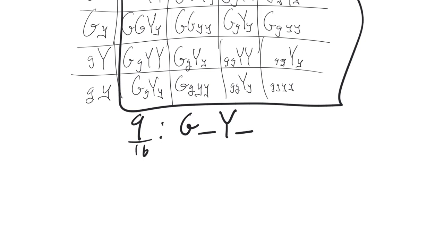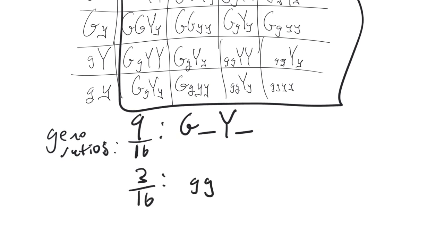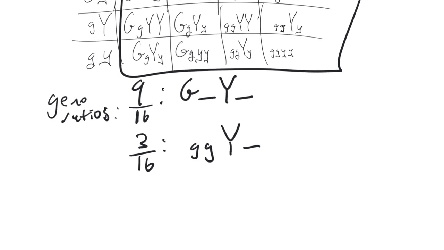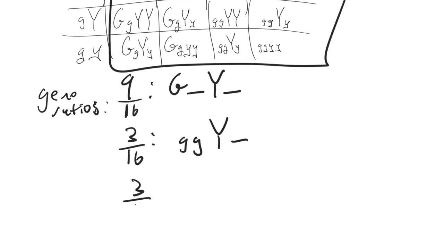I'm doing the genotypic ratios. 3 out of 16 will be little g, little g, any Y. 3 out of 16, we'll flip it around, will be big G, anything with 2 little y's.